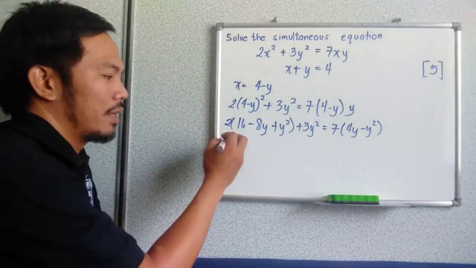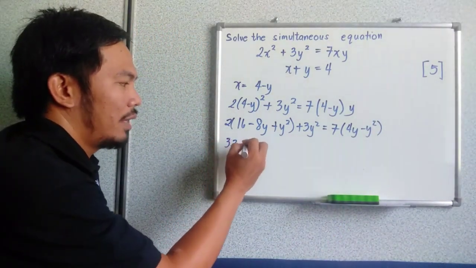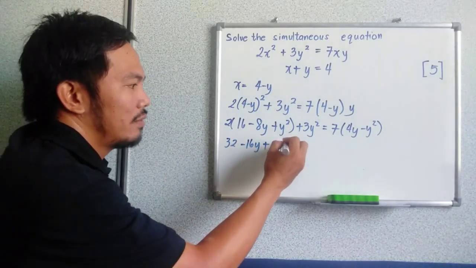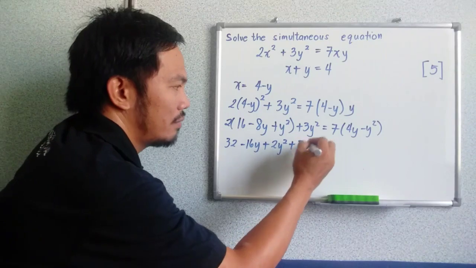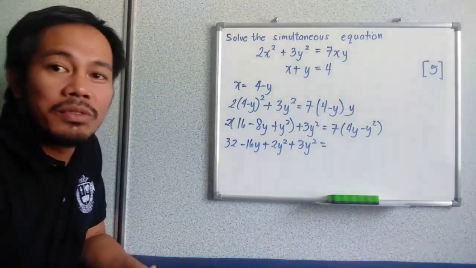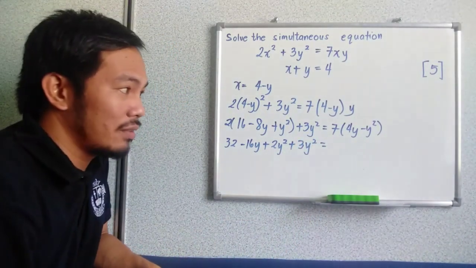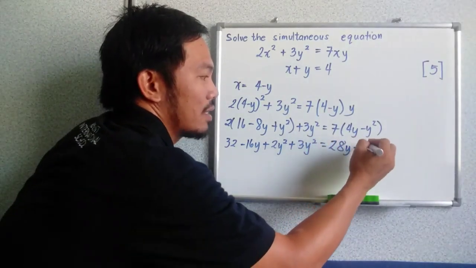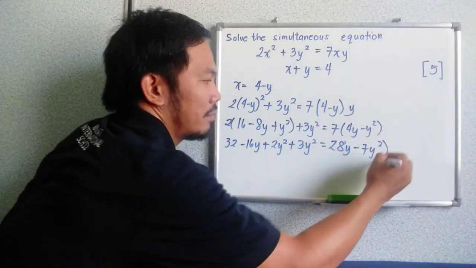So you will come up now with 32 minus 16y plus 2y squared plus 3y squared equals 7 times 4 is 28y, okay, 28y minus 7y squared.